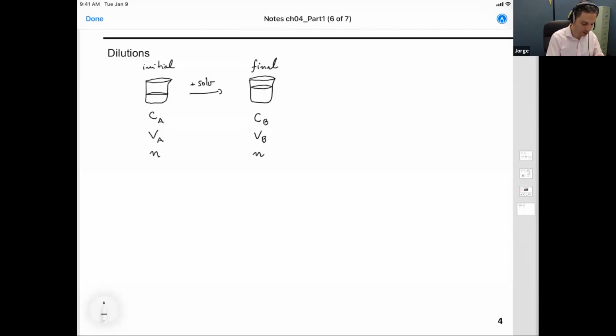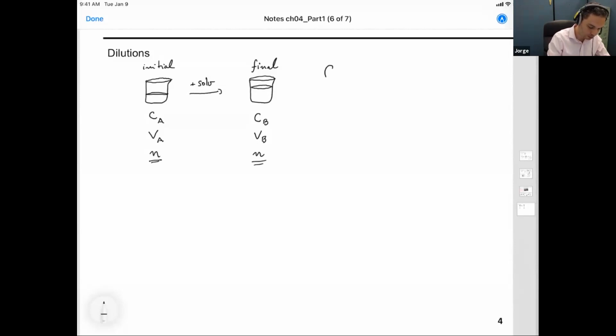Therefore, the number of moles before the dilution is the same as the number of moles after the dilution. That's the common thing that these two solutions have. Now what I'm going to do is write number of moles as a function of the concentration and volume, and let's see what we can do here.